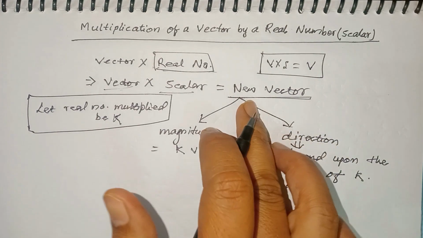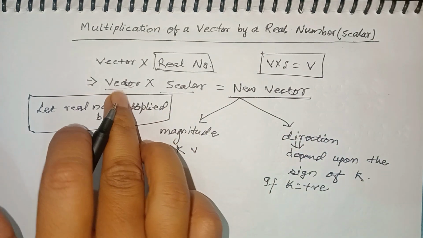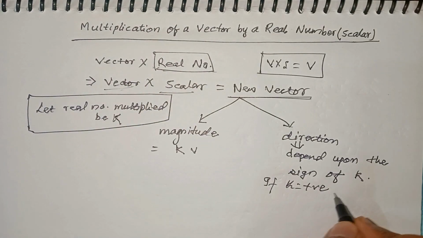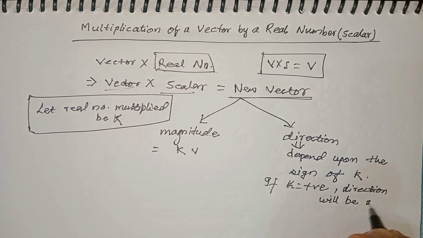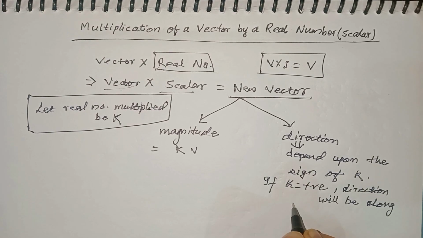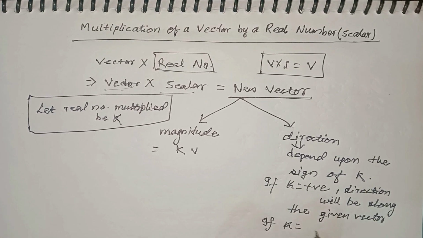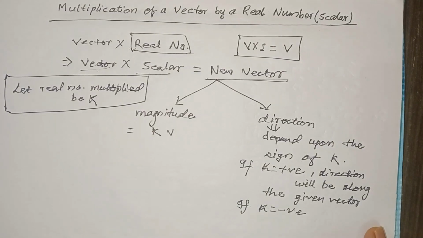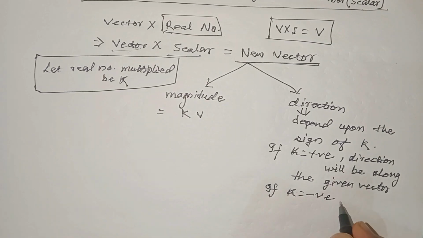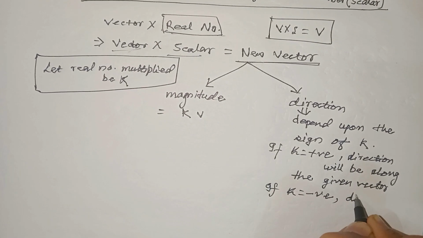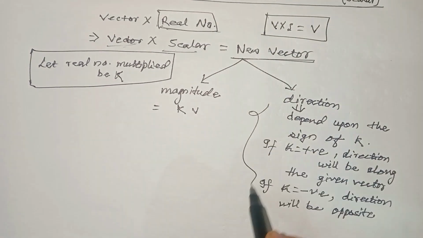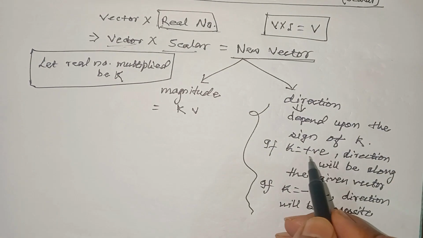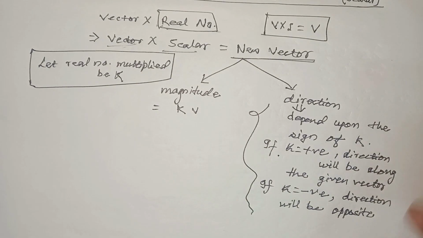The direction will be the same. And if k is negative, then the direction will reverse. So the new vector will have a direction which depends upon the sign of k.